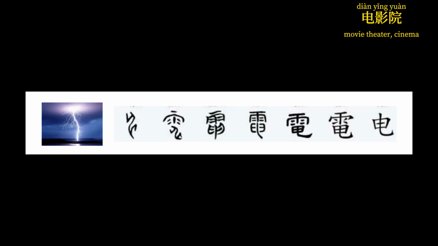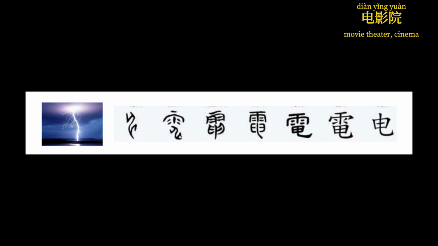And here's the picture of the evolution of the character. It's evolved from the shape of a lightning. And in the traditional Chinese of 电, on top of it there is rain. This part is rain. And obviously when it's raining there's a very big chance to have lightning, right?